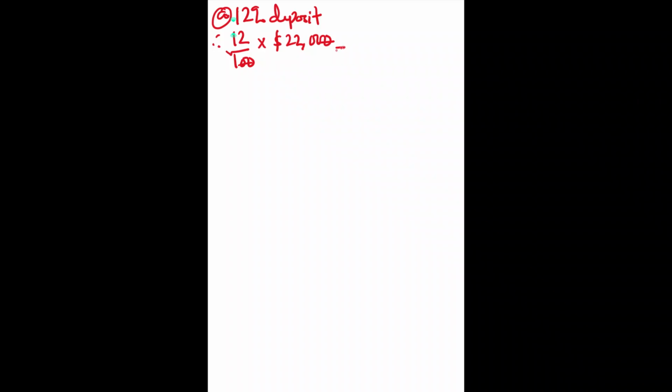Okay, so this 20 will cancel this 20 up here, and we'll do 220 times 12. We'll get $2,640. So also in the question we are given that the rate is 11%, that is interest rate, and the time is 3 years.